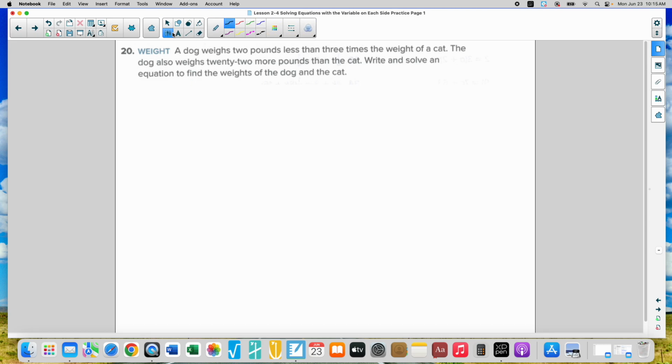A dog weighs 2 pounds less than 3 times the weight of a cat. So 3 cats minus 2 is the dog weight. The dog also weighs 22 pounds more than the cat. So cat plus 22. And the dog should be equal to the dog.